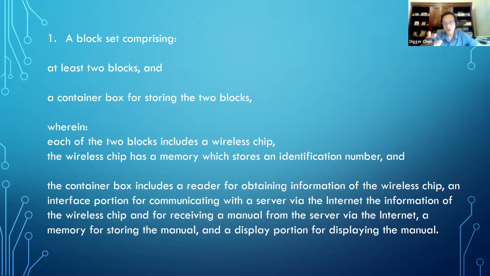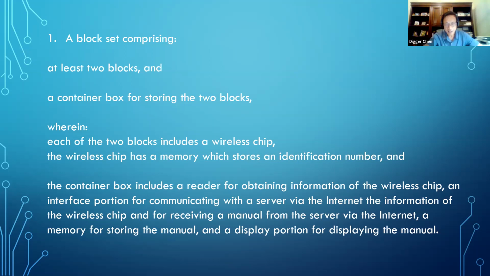So these are the elements: at least 2 blocks and a container box. If you file a patent claim saying a block set comprising at least 2 blocks and a container box for storing the 2 blocks, nowhere in the world can you get the patent. You have to have something more, right?